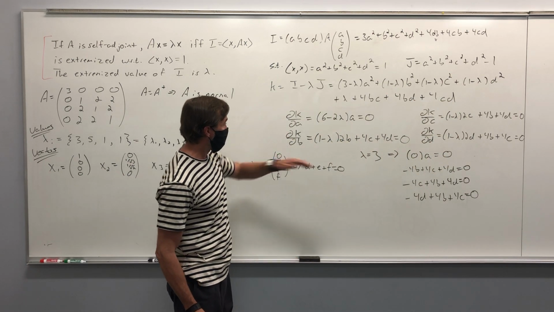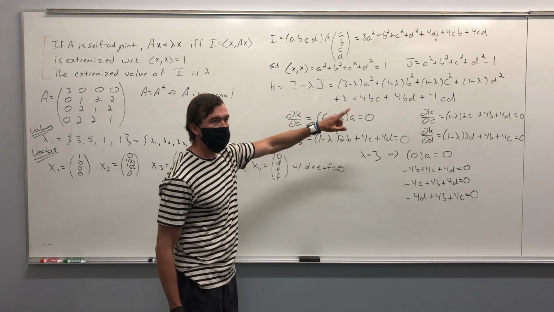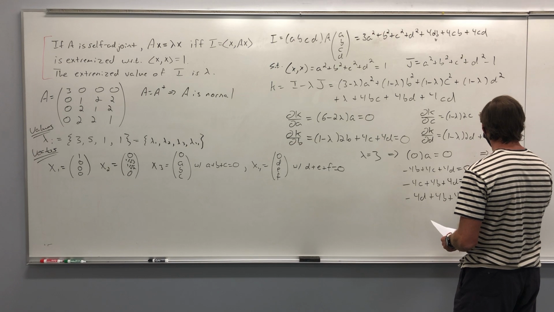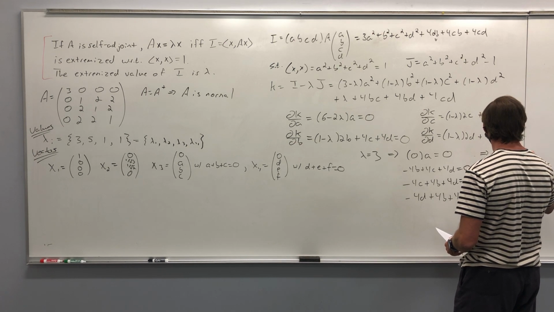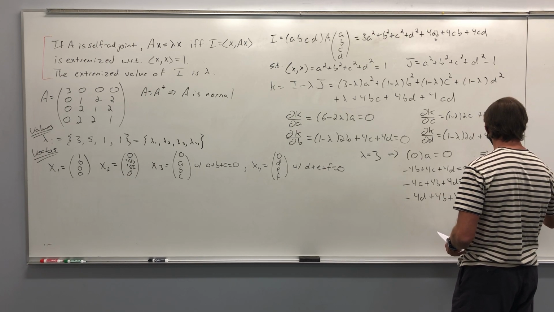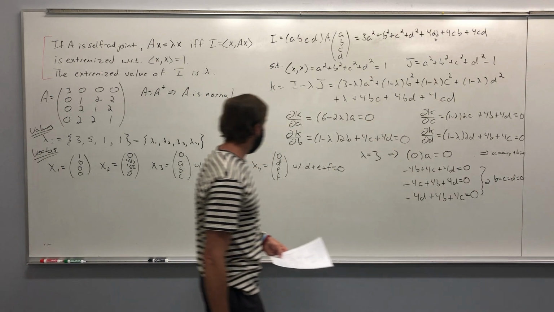Okay? Just plug lambda equals 3 into each of these, and these are the resulting equations. This implies that A is anything, while these imply that B is equal to C is equal to D is equal to 0.